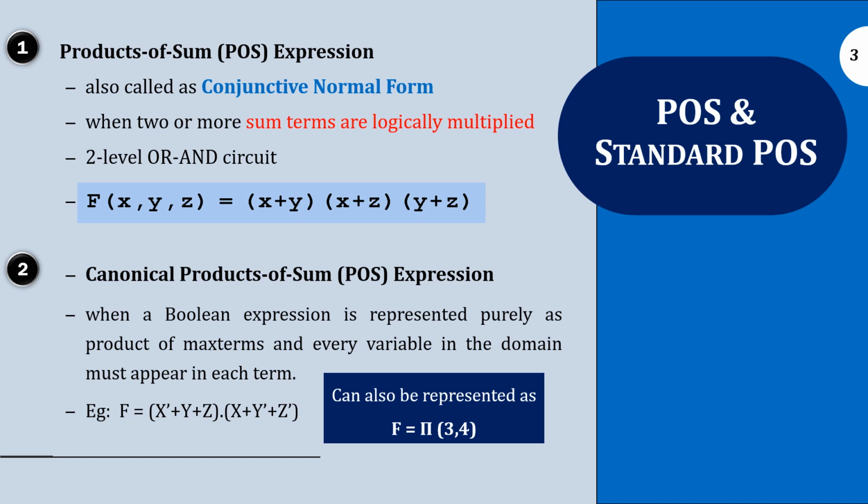When these sum terms are multiplied, we get a POS expression, that is f is equal to x plus y into x plus z into y plus z. This POS expression can also be called conjunctive normal form, and it can be implemented using an OR/AND circuit.